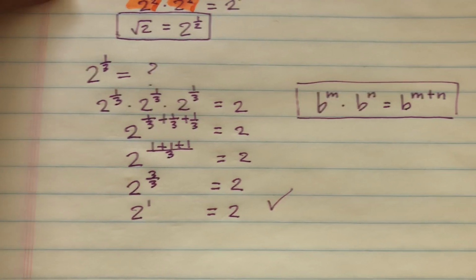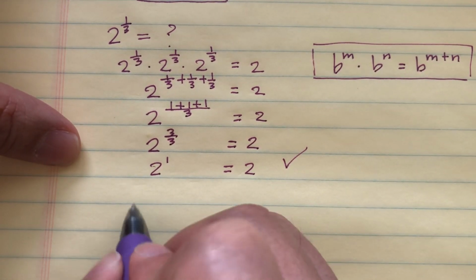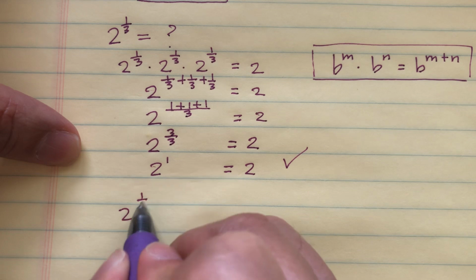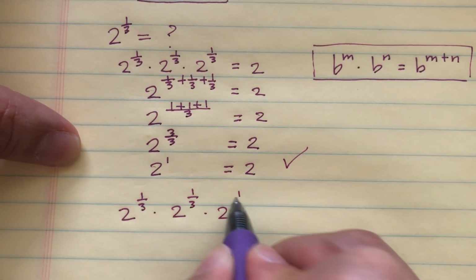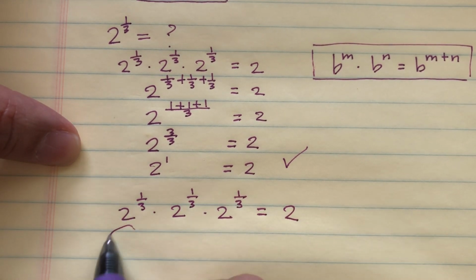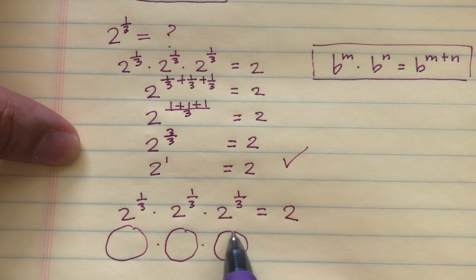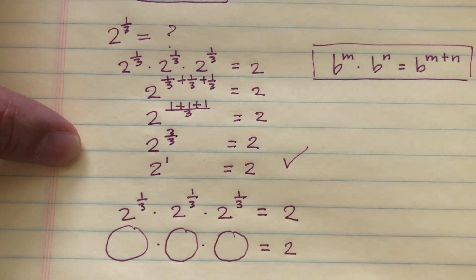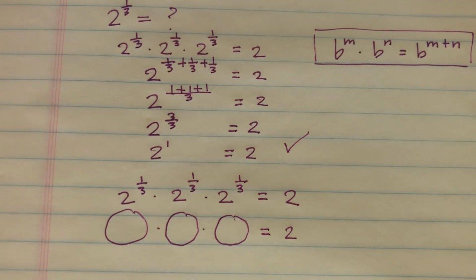Using the same reasoning, 2 to the 1/3 times 2 to the 1/3 times 2 to the 1/3 becomes 2. Can we find the same number, these three numbers, that equals 2? I'm using the same strategy that we just did for square root 2.